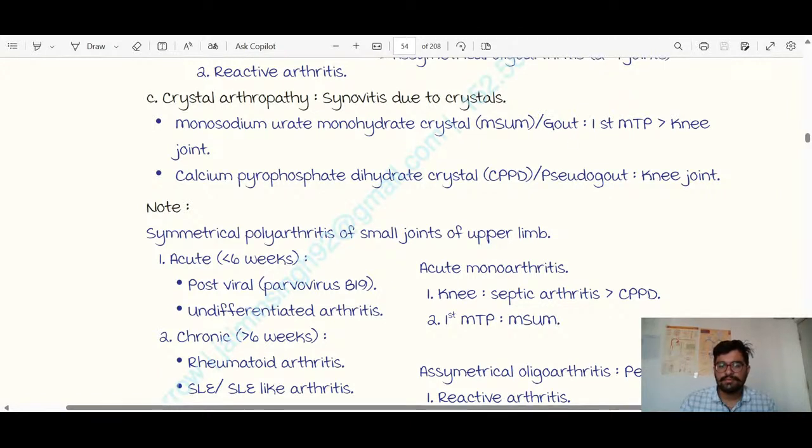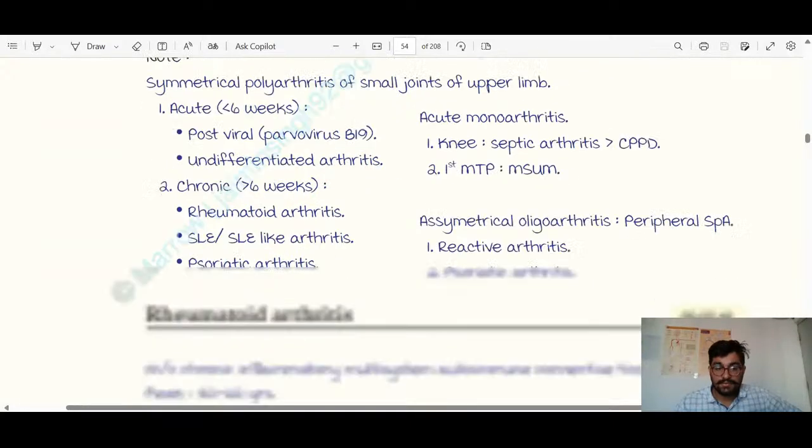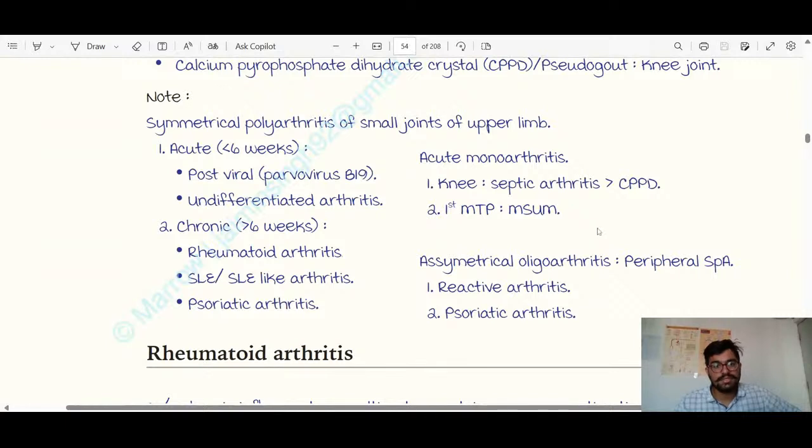For MSUM, gout, the first MTP, metatarsophalangeal joint, is more affected than the knee joint. Here, the MTP is more commonly affected as compared to the knee joint. But in CPPD pseudogout, the knee joint will be affected mainly. So remember this great difference between pseudogout and gout.